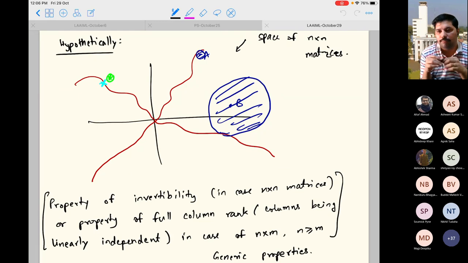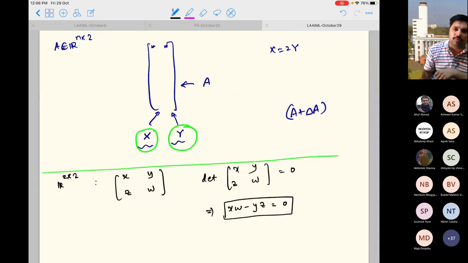Got it, sir. Yeah, your observation is right. You have to slightly modify. Basically what you have to say is that you're looking for the algebraic variety, which is nothing but all solutions of this polynomial equation xw minus yz equal to 0. And geometrically, how this set looks for an n by n matrix, is it star shaped or something like that, that geometry is not really very well understood yet.